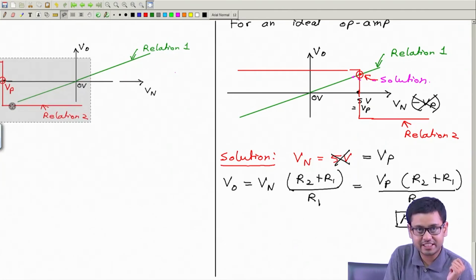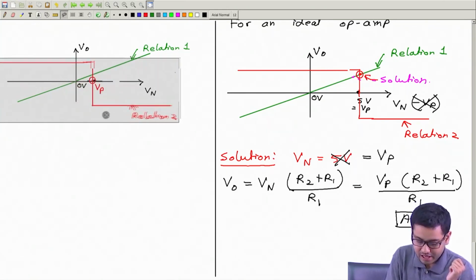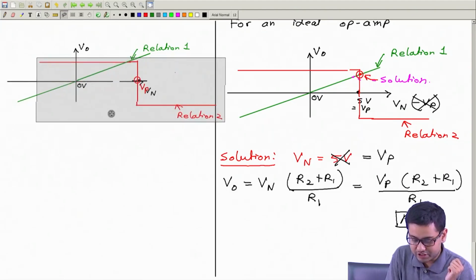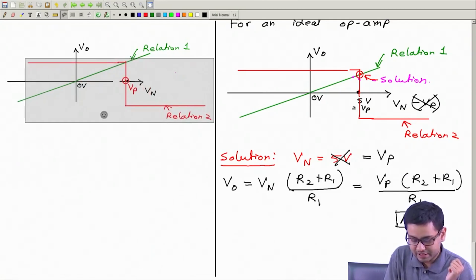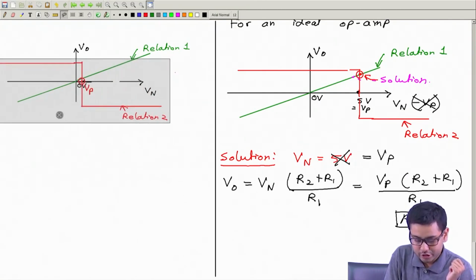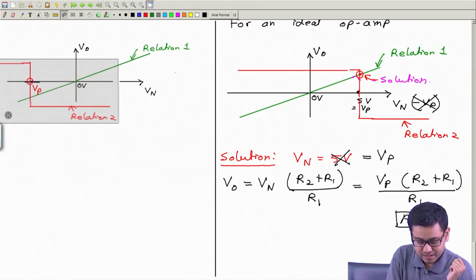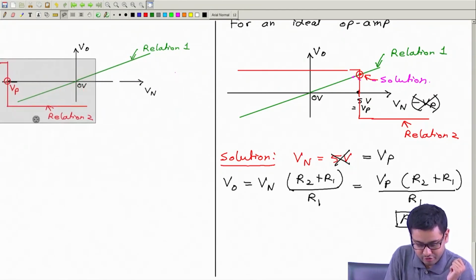So this is once again a saturation level. So output cannot go below minus V supply or above plus V supply. And if the input is within this region, starting from here, this is the maximum value to somewhere here, where this will intersect.